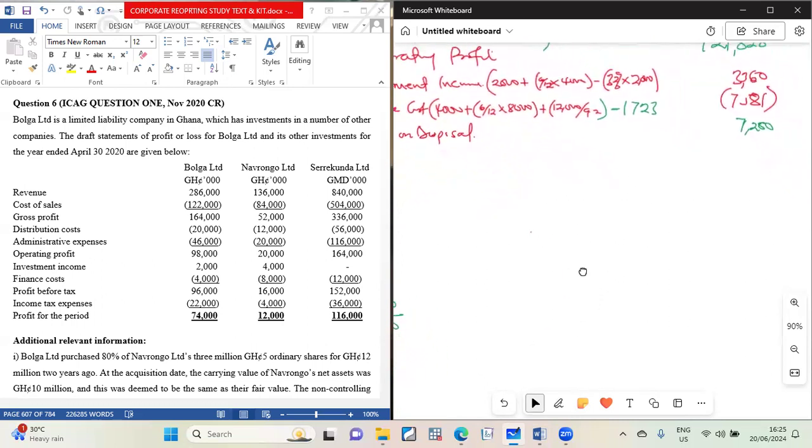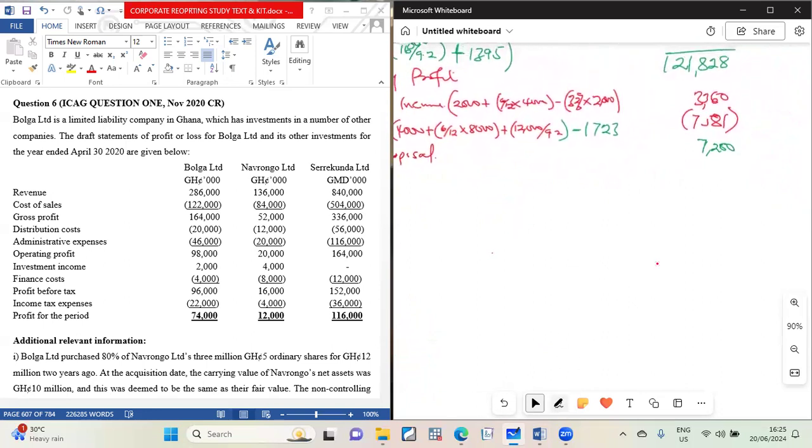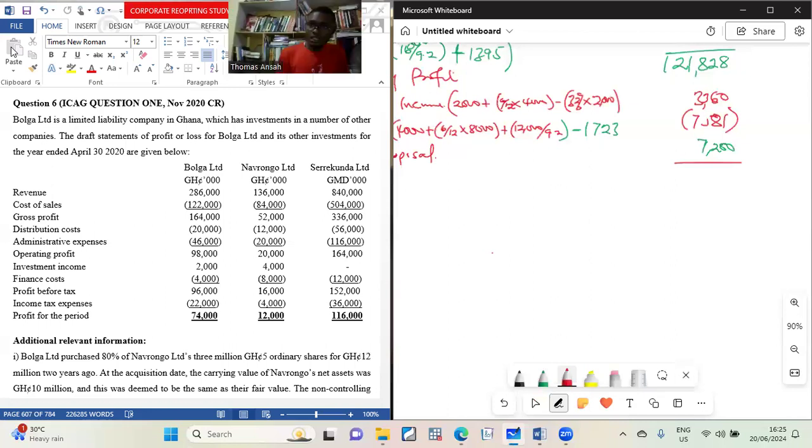We just do taxation and that. So in all, I have 121,828. Then plus 3,360 minus 7,581, right?